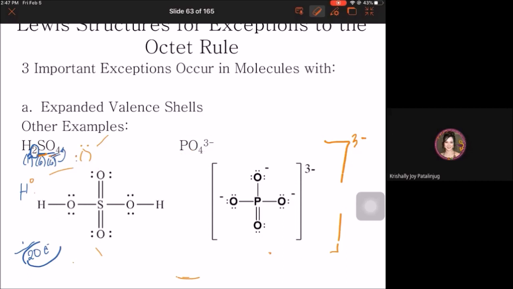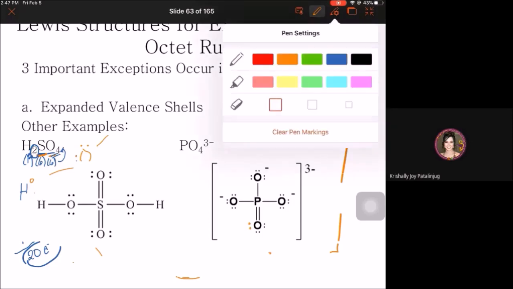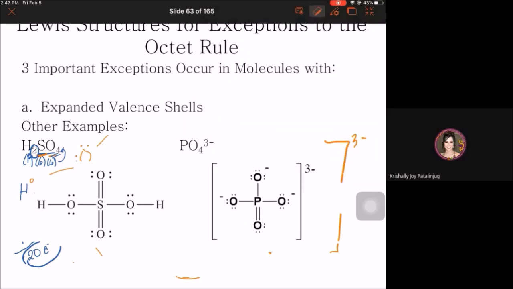So we just applied the 5th step. From a lone pair, change one into a bonding pair, so that phosphorus now attains a more stable bonding towards its surrounding atoms.